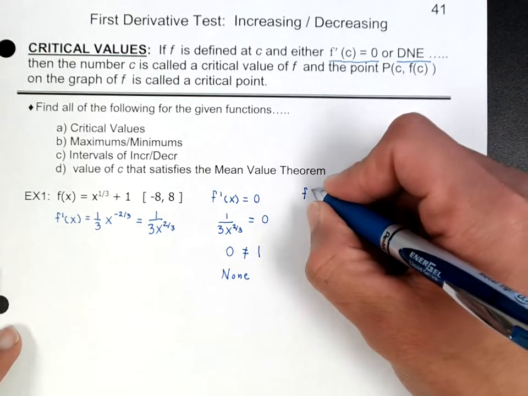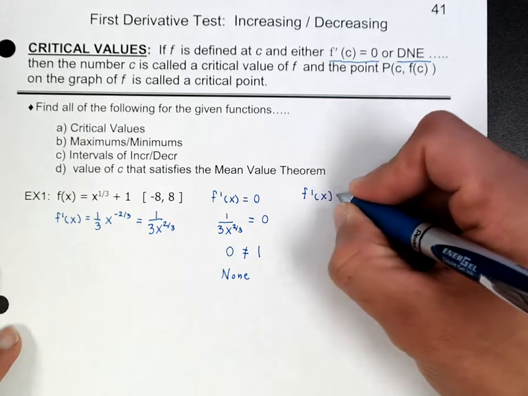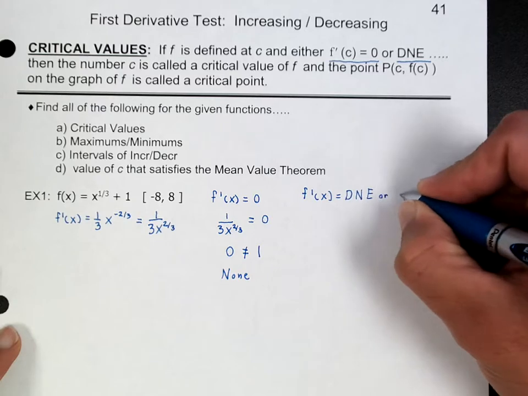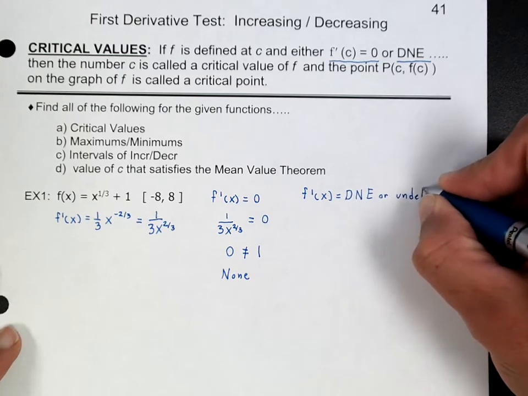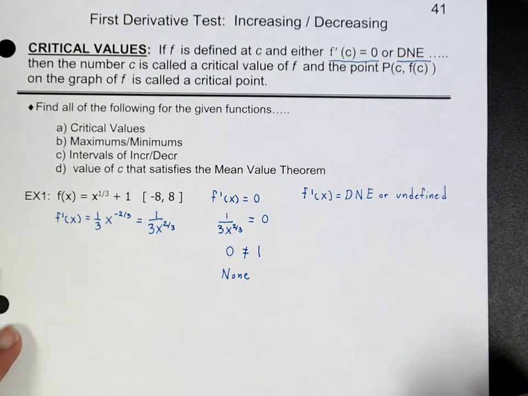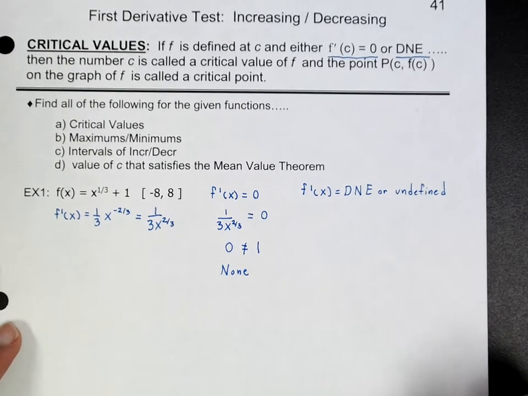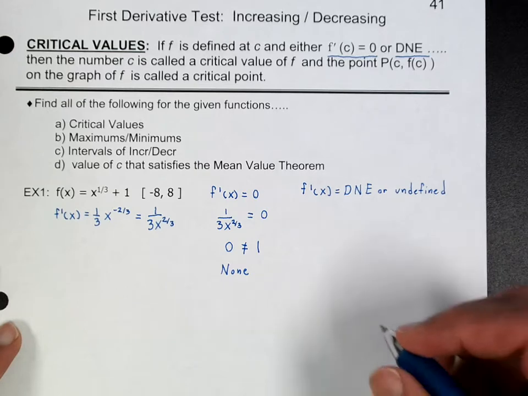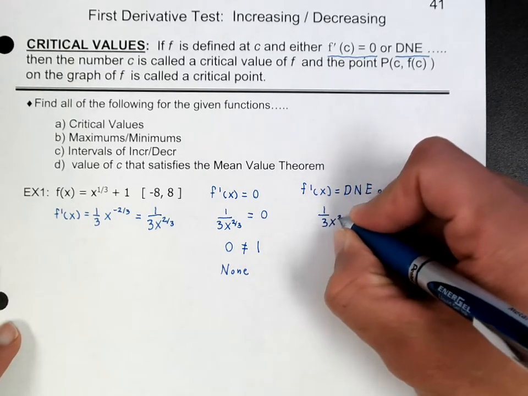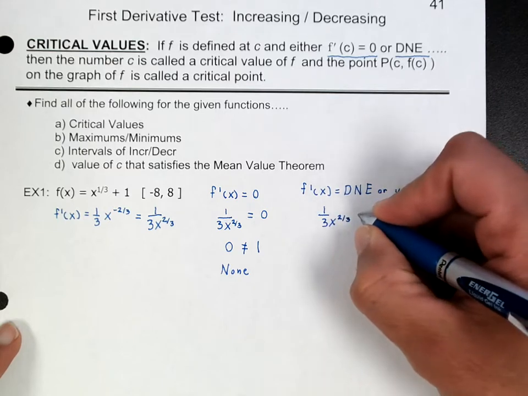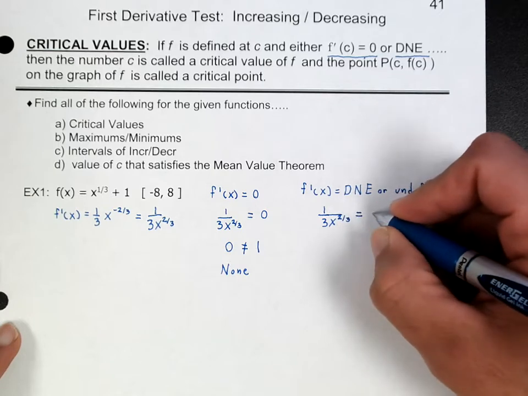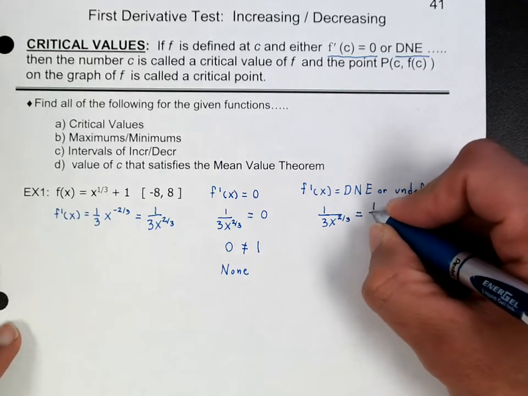However, if I set my derivative equal to DNE, does not exist or undefined, then I'm going to try to figure out if there's a point on f where my derivative is undefined. To do that, I'm going to set my derivative equal to, really you can set it equal to 1/0 if you like.